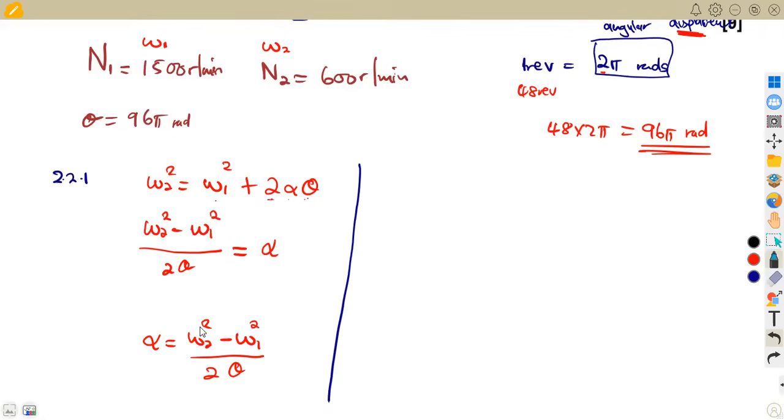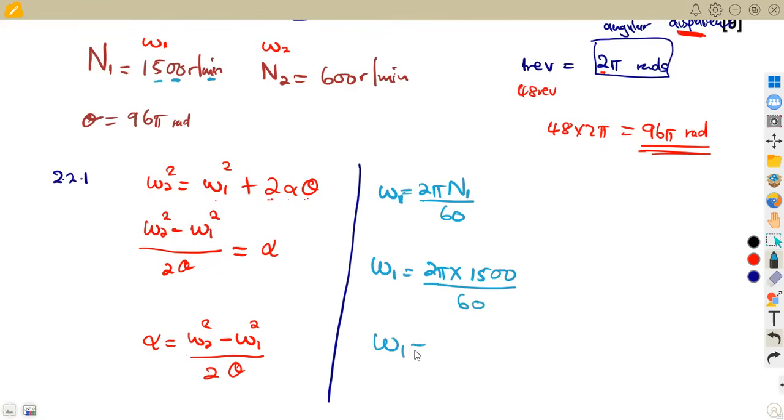Remember, our omega is supposed to be in rad per second, and I said omega is equal to 2 pi N over 60 if you are given your speed in revs per minute. So our omega 1 is going to be 2 pi times N1, which is 1,500, over 60.